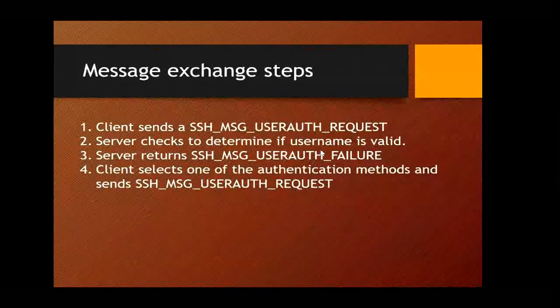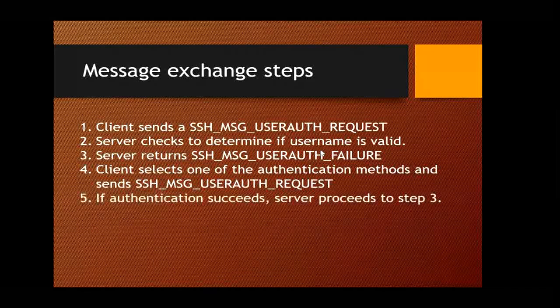Now at this point, what happens is that there may be a sequence of exchanges to perform in the method. Okay. So next step would be, if the authentication succeeds and more authentication methods are required, the server will proceed to step 3, that is by sending the user authentication failure message using a partial success value of true.